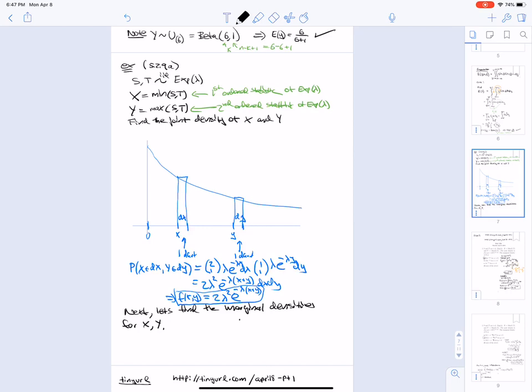2 choose 1 lambda e to the minus lambda x, because to throw one dart and have it land in dx, the chance of that is just the area of the rectangle, which is lambda e to the minus lambda x.